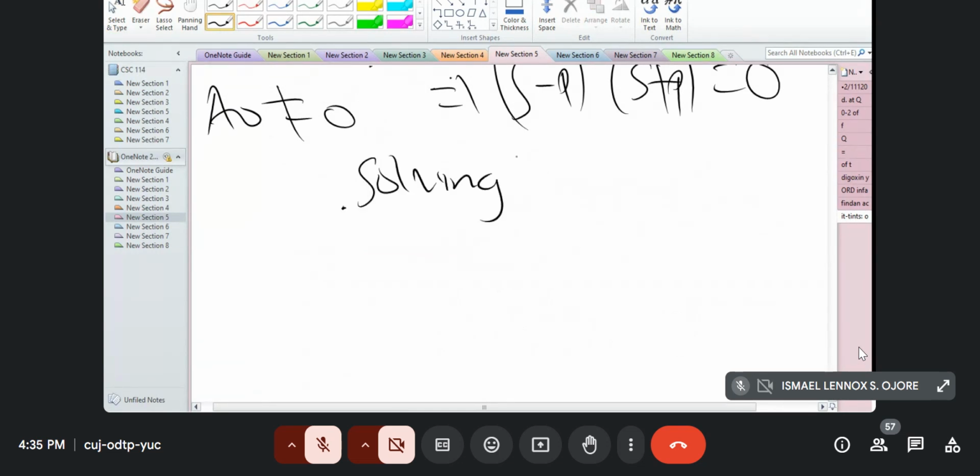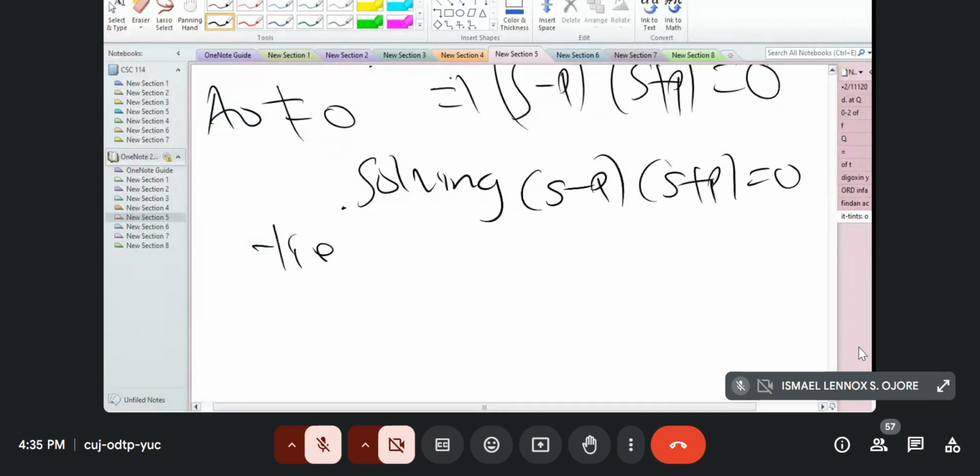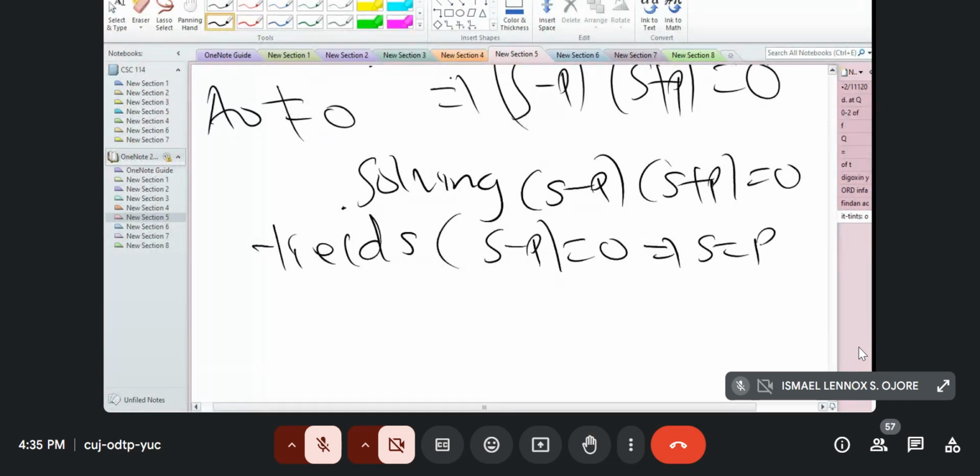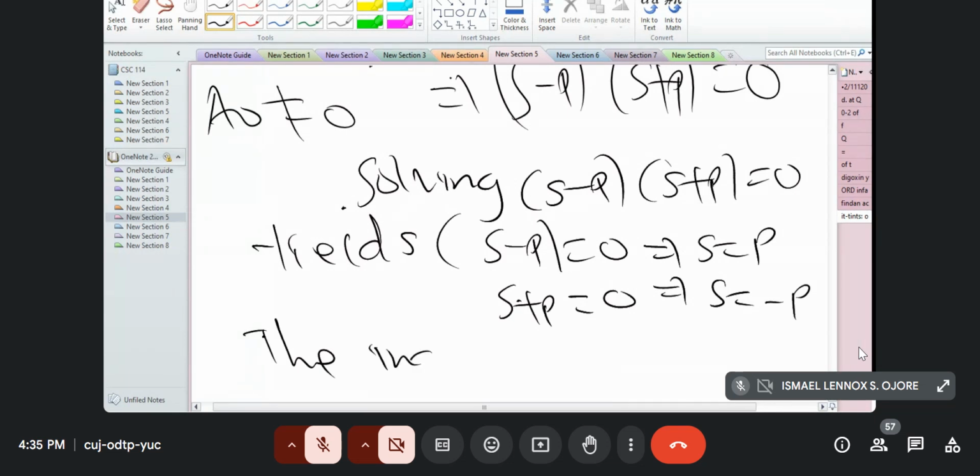Solving, s minus p equals 0 implies s equals p, or s plus p equals 0 implies s equals minus p. So it yields the indices s equals p and s equals minus p.